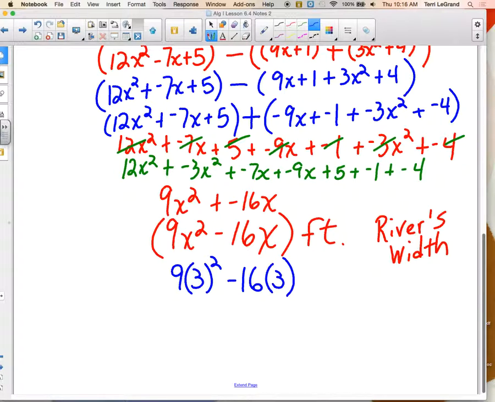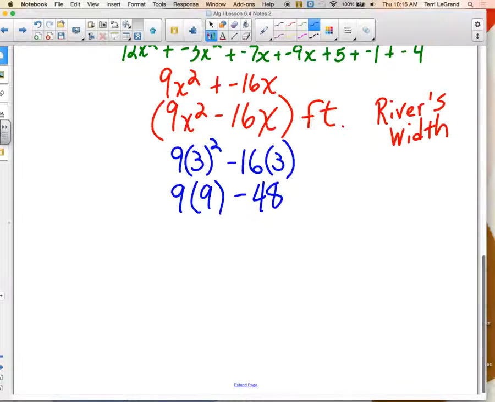Do we take 9 times 3 first and then square? We're going to do 3 squared, and then multiply by 9. That's good, because I think that'll be easier to do in my head. 3 squared is 9. Anybody know what 16 times 3 is? 48. 9 times 9 is? 81. 81 take away 48 is 33.